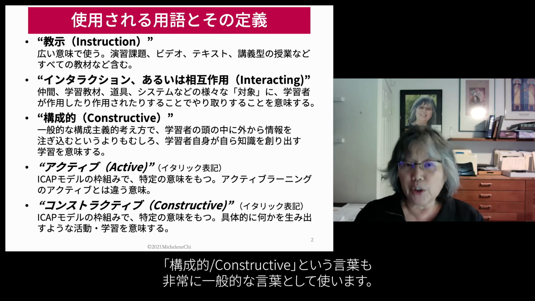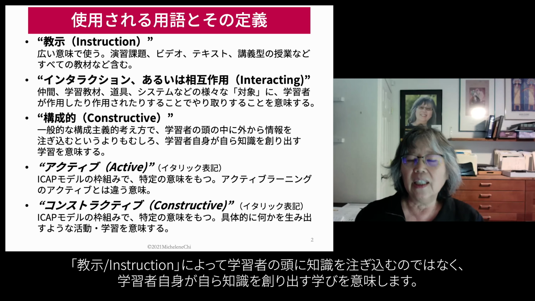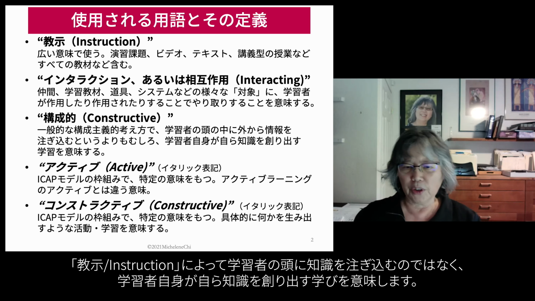Constructive is another very general term. In the literature it usually refers to a constructivist approach, which just means that learning is when students are constructing their own understanding, rather than instruction, which means you pour information into students' heads. The capital S refers to students.